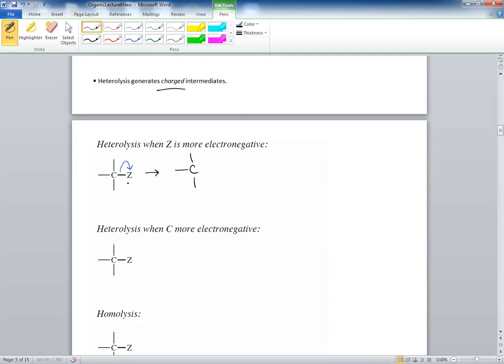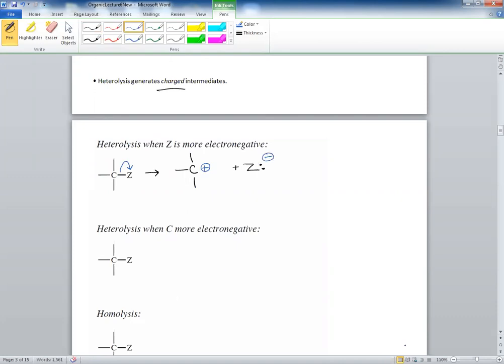The arrow went away from C, and it's a double-headed arrow, so it took this lone pair in there. So then, in this case, C has a positive charge. And Z now took the electrons with it, so that would be a negative charge.